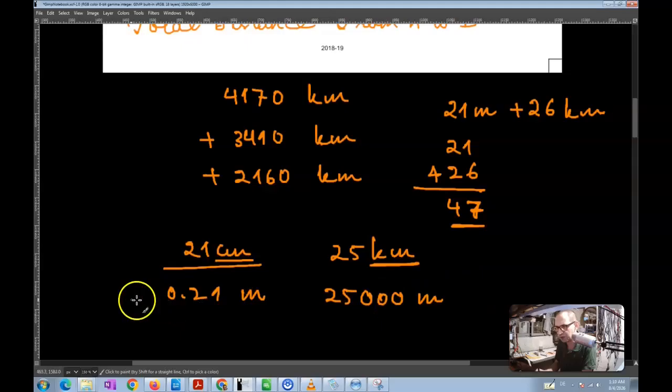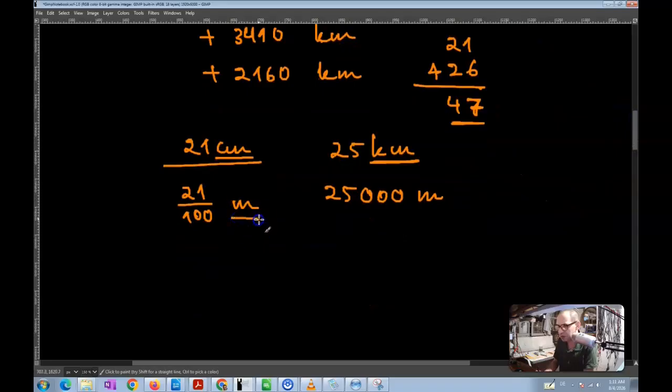Now, this is a little bit advanced for where we are right now, but suppose that's 21/100th of a meter. This number means something, but for now let's just take it as any number. Doesn't matter what that means.